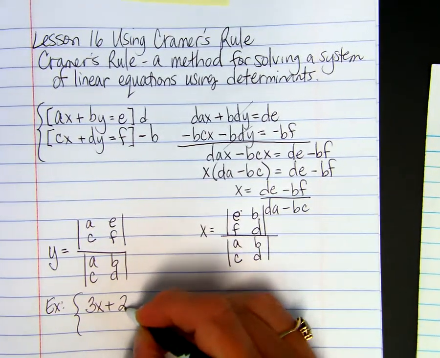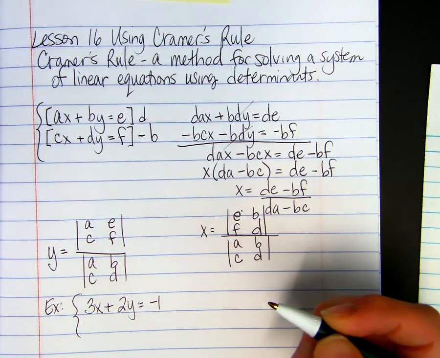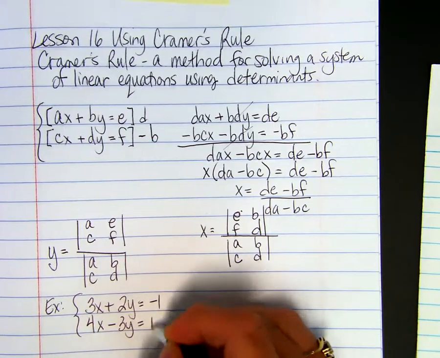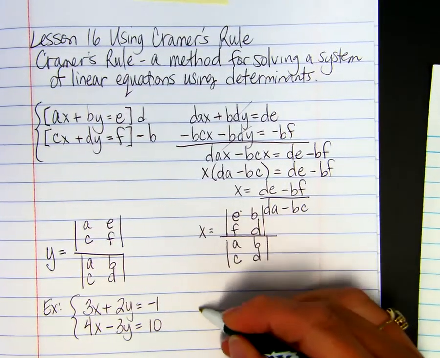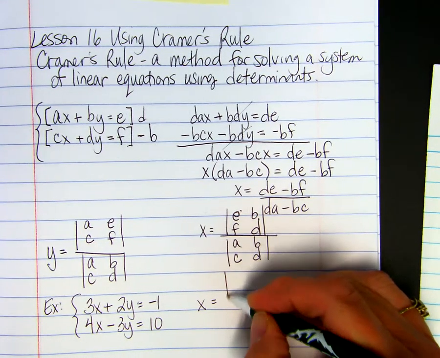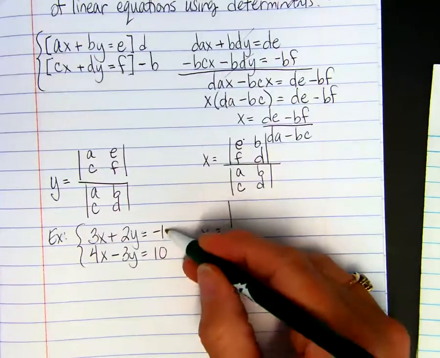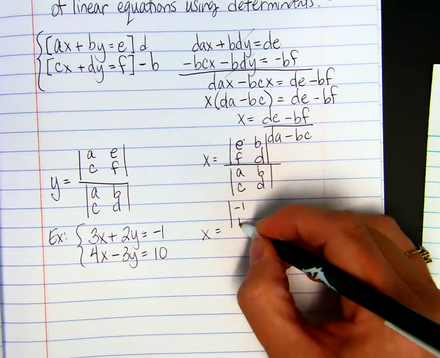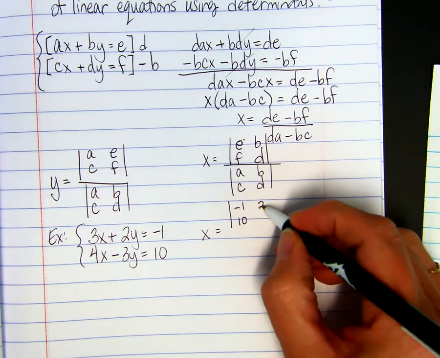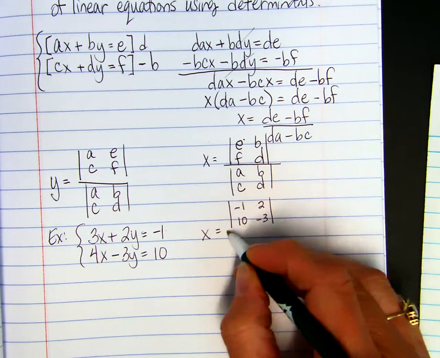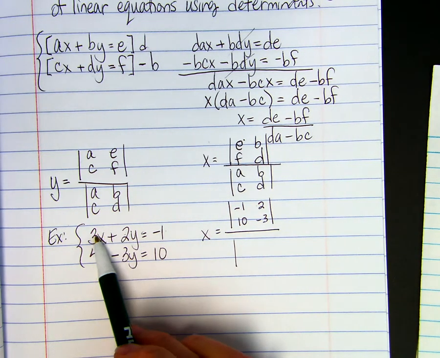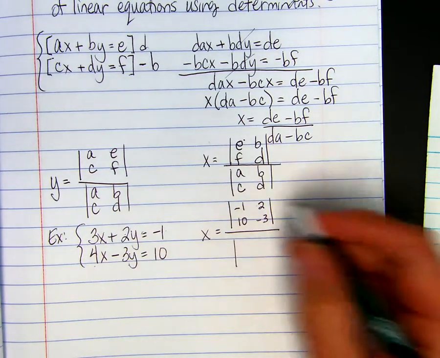So 3x plus 2y equals -1, and 4x minus 3y equals 10. To find x, you're going to do the determinant of the answers, -1 and 10, in the first column, and the coefficients of y in the second column, 2 and -3, divided by the determinant formed by the coefficients, 3, 4, 2, -3.